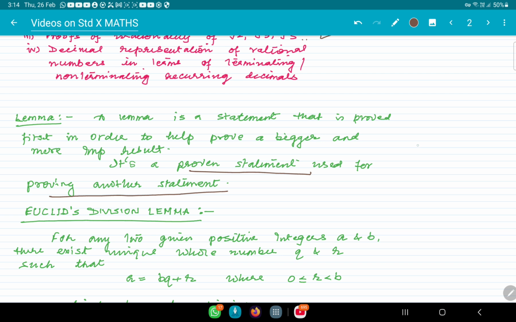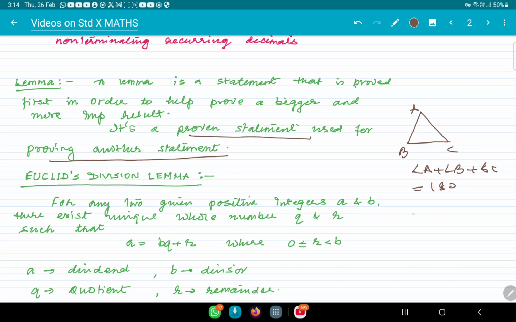Suppose we want to prove that the addition of all the angles of a triangle is 180, meaning angle A plus angle B plus angle C is 180. Before that you should know that there are two parallel lines and one transversal.